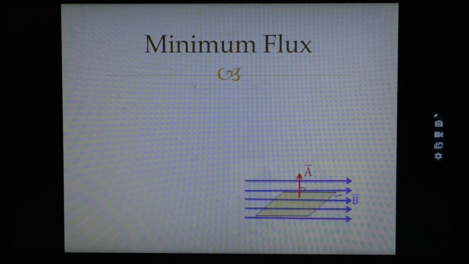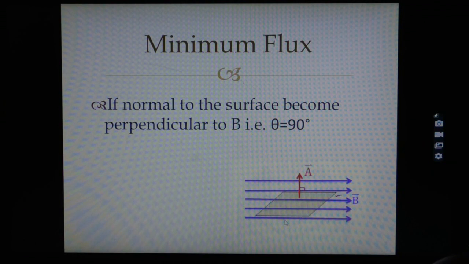What are the conditions when magnetic flux is minimum? When we place the surface area in such a way that the area vector is perpendicular to the magnetic field. So in that case, what is the angle theta between A and B?